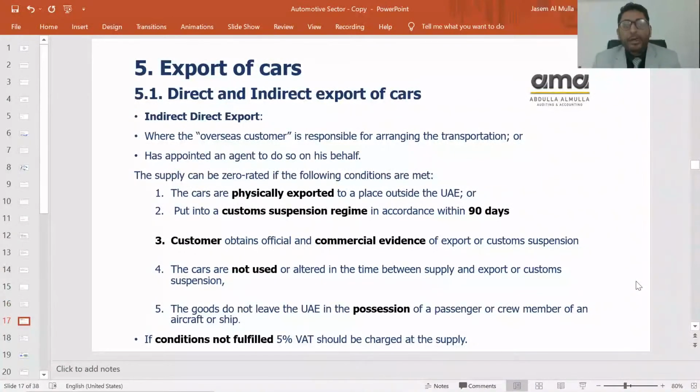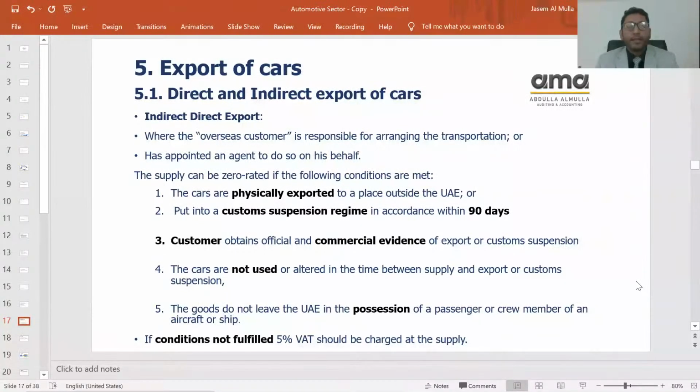Indirect export. What is the indirect export? In the indirect export, the buyer will be responsible for arranging the transport, or he appoints an agent to do so on his behalf. Now we can discuss the conditions that need to be fulfilled in the case of indirect exports to categorize the transaction as zero rated.